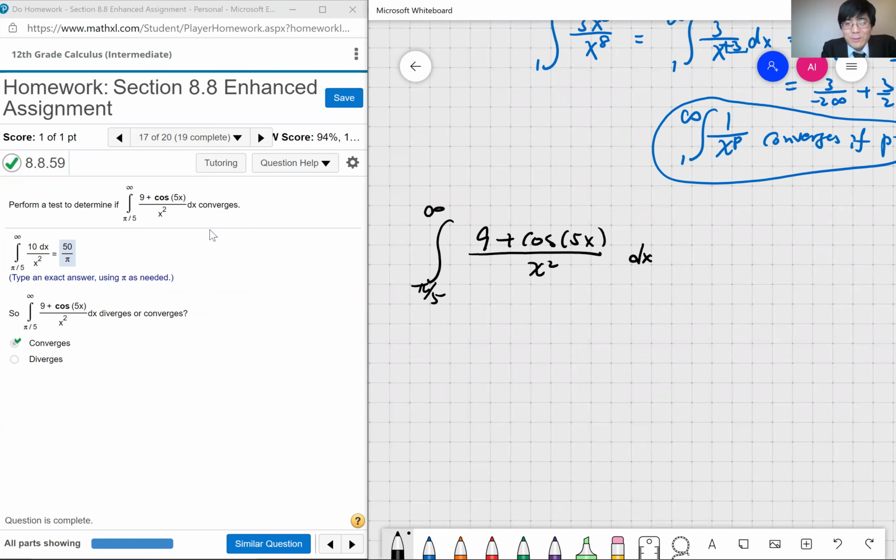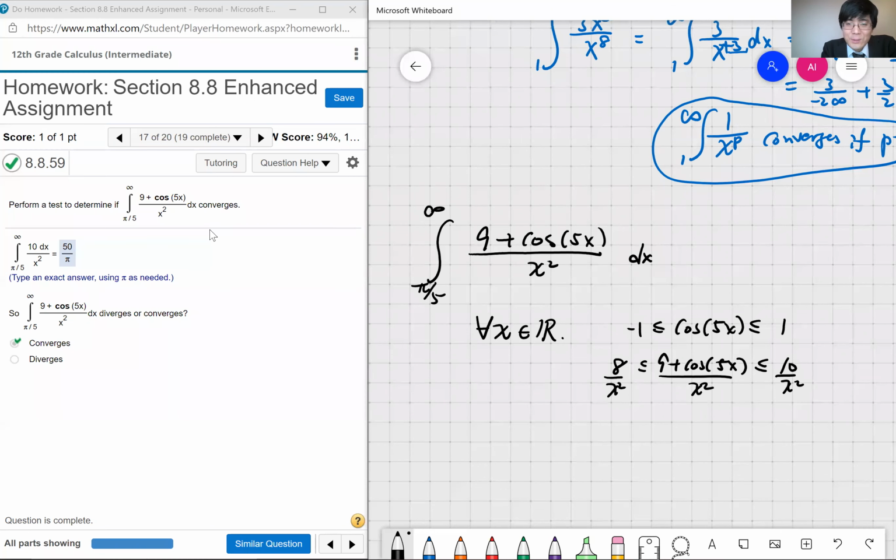And remember, for any x in real number, cosine of whatever is between -1 and +1. So adding 9 to this is between 8 and 10. Dividing everything by x squared doesn't change the order of the numbers when x is positive.